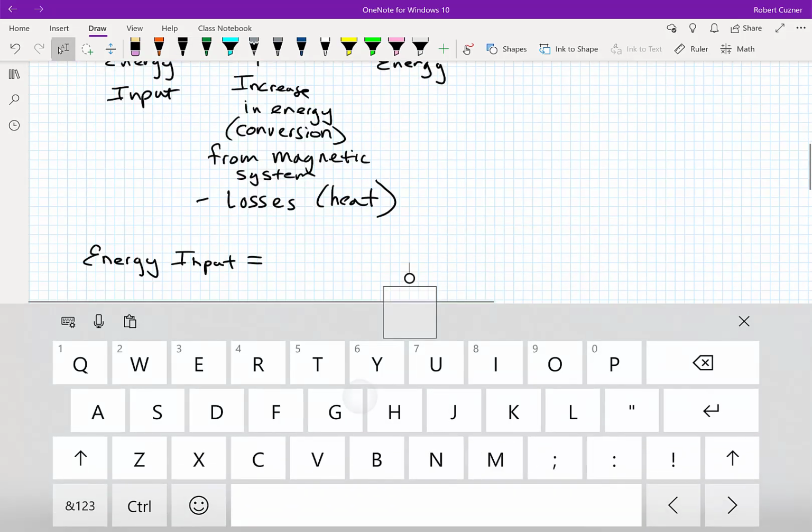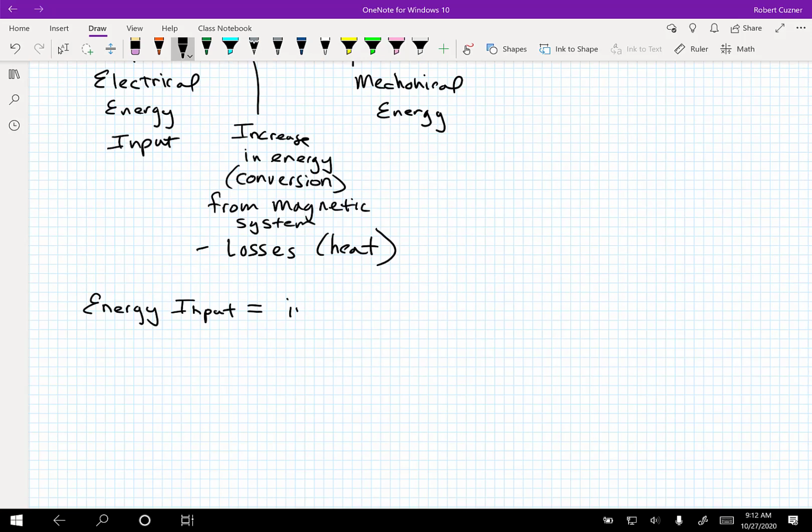Let's see here. Well, I guess it is an increase. It is an increase in energy because of the magnetic system minus losses. And then we could say, making this whole thing an equivalency.